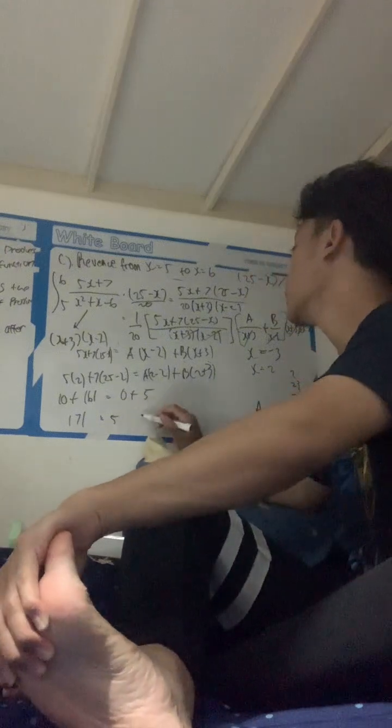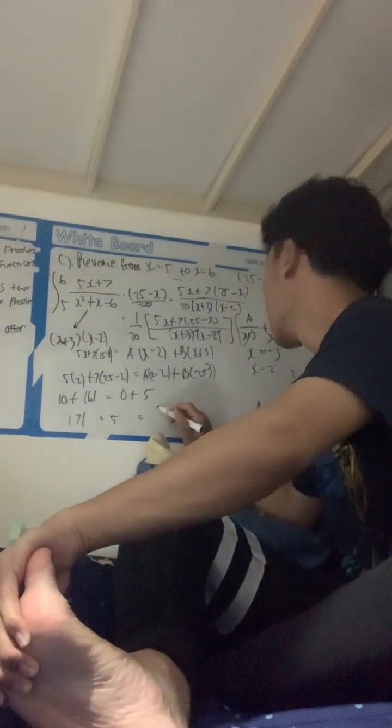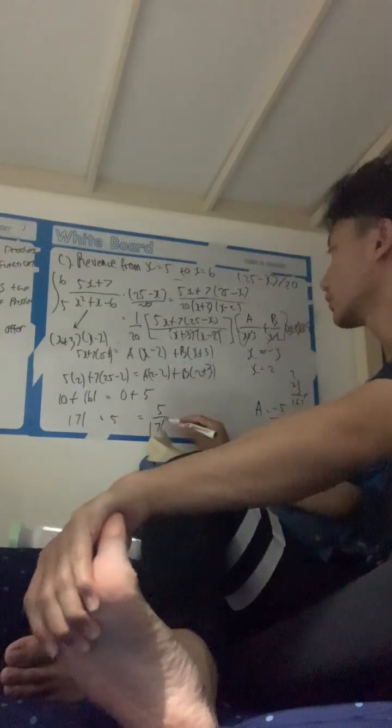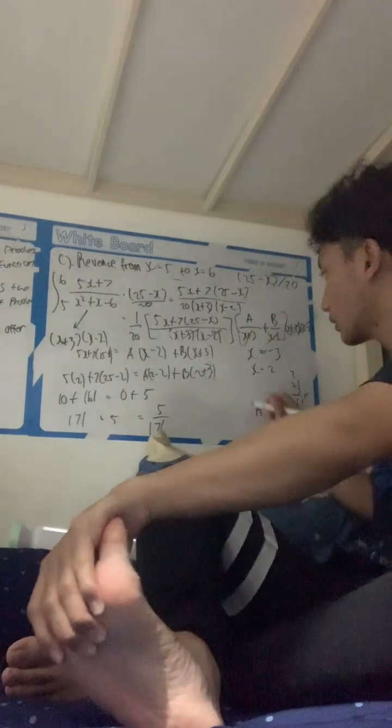The b itself is 5 over 171. So this is the b. I'm gonna write it down here.